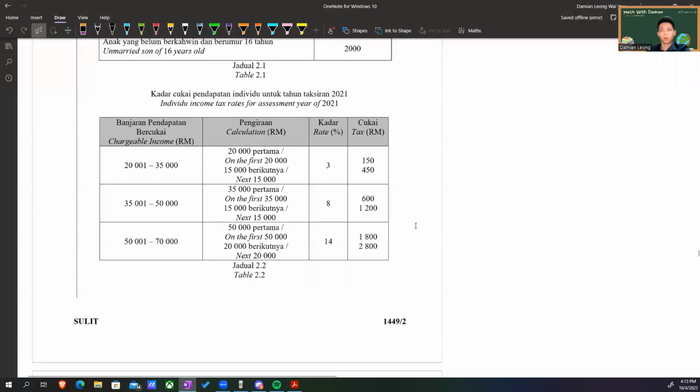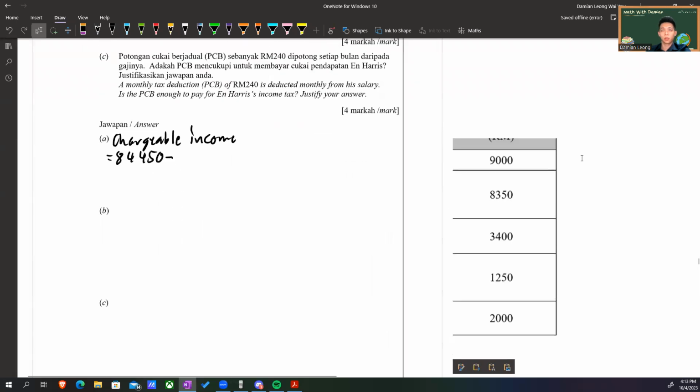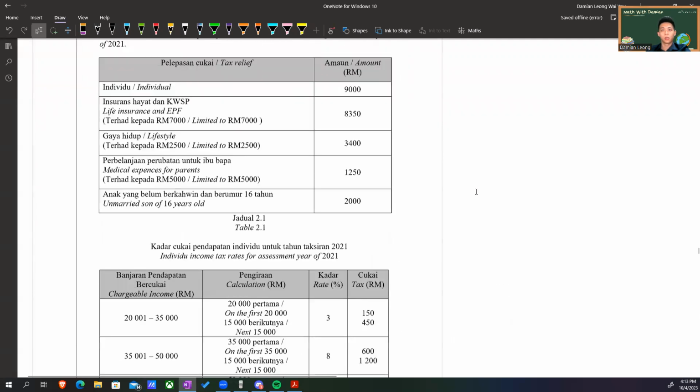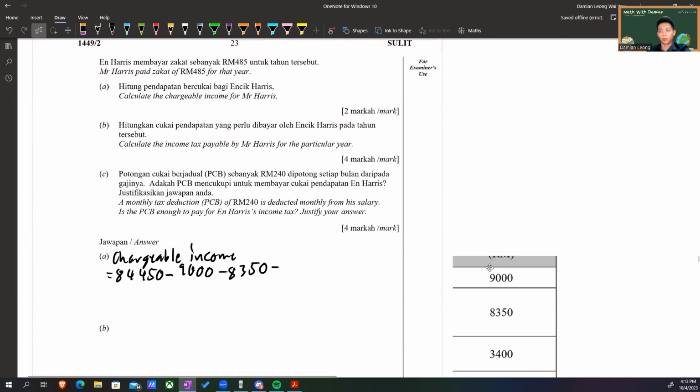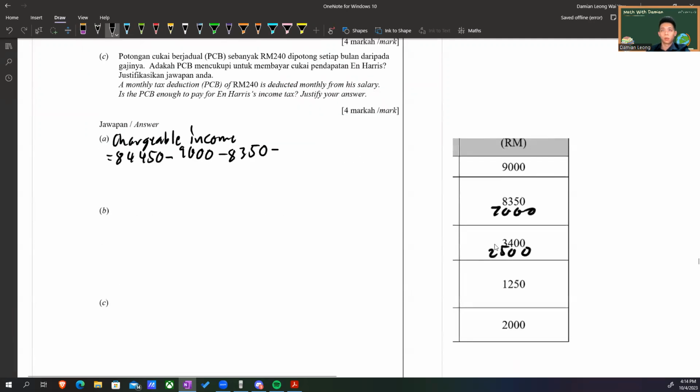Let's take all these values here. I minus 9,000, minus 8,350. Sorry, this is limited to 7,000, so we take 7,000. This one is limited to 2,500, so 2,500. The rest will follow: 1,250 and 2,000.